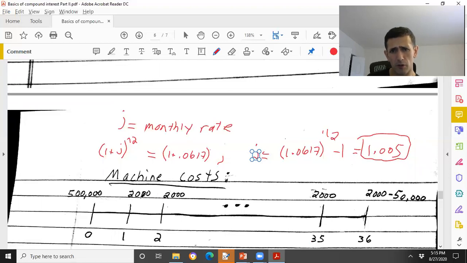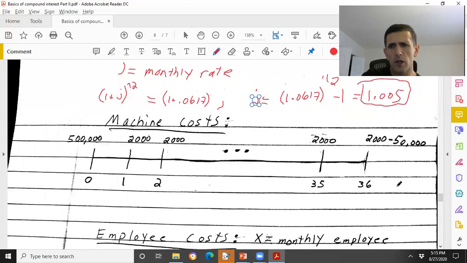And then at the end of the first month, end of the second month, all the way to the end of the last month, which is the 36th month, 3 years, we have to pay the $2,000 in maintenance costs. And we also get 50,000 back, a cost of minus 50,000, since costs are positive here.